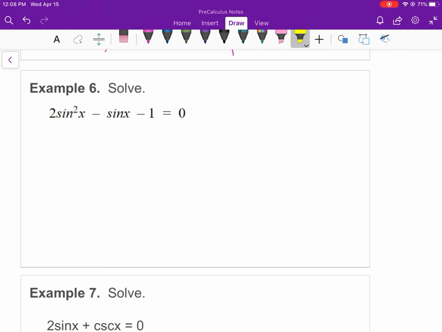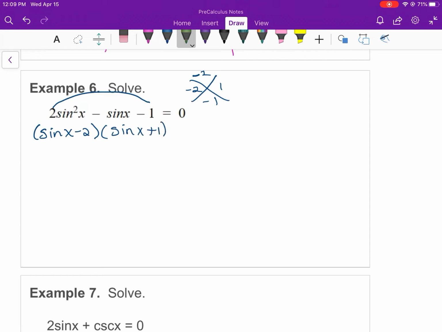You're going to be doing a lot of the same things, using the same techniques from before, like factoring and so forth. So let's go ahead and factor this first one. Factors of -2 that add to -1 are going to be -2 and 1. So if you're familiar with the bottoms up method, we would start it off like this.